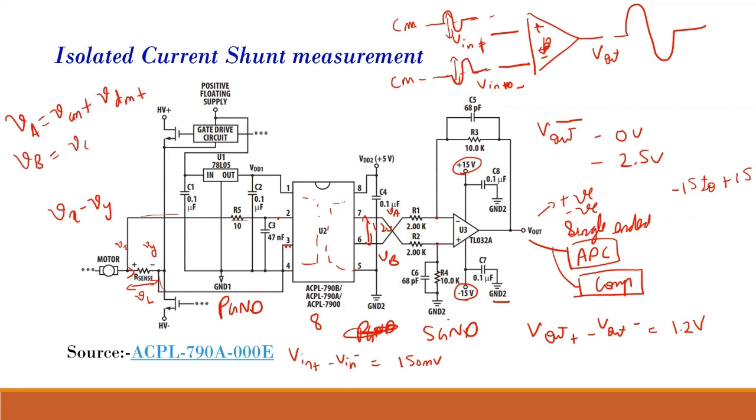My Vb will be V common mode minus Vdm minus. Then when it passes through my op-amp, my V output will be some gain G into Vdm plus minus minus Vdm minus, which will be plus Vdm minus. So over here, the information of the inductor current is in two signals, Vx and Vy. Over here, it is also still in two signals, Va and Vb. But finally, the information of the inductor current is in just one signal, V output. So it is single-ended.